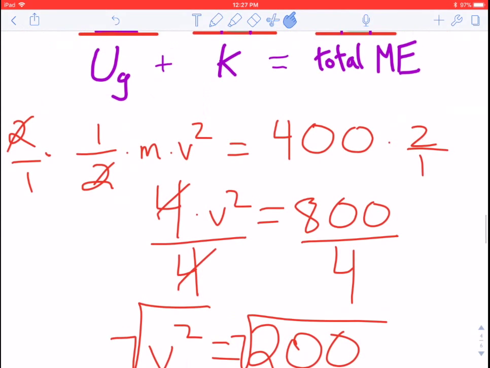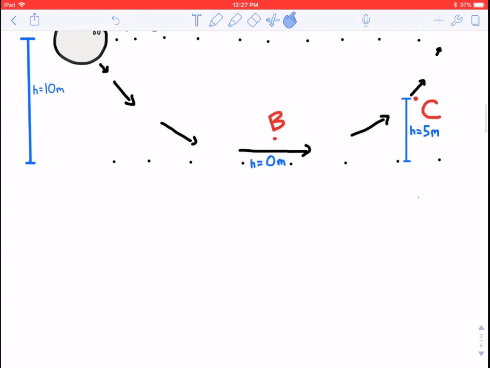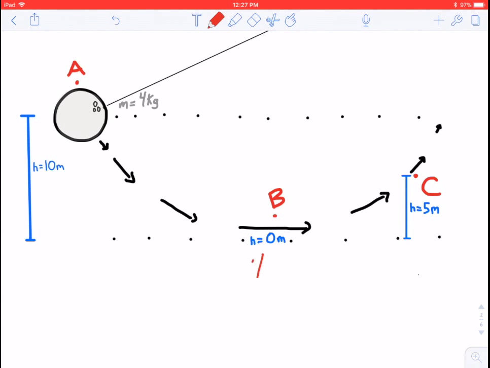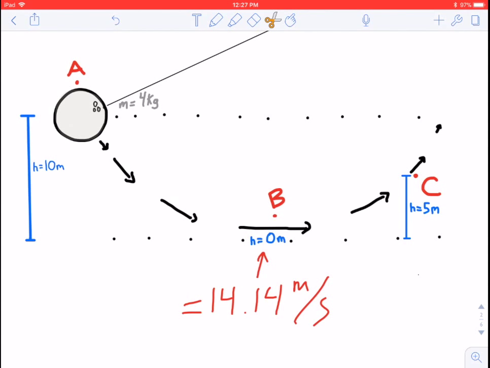So we used the equation for kinetic energy to solve for velocity. At location B, this bowling ball is plugging along at about 14.14 meters per second.